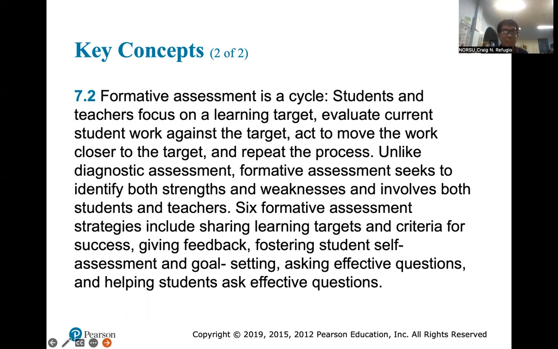Six formative assessment strategies include sharing learning targets and criteria for success, giving feedback, fostering student self-assessment and goal setting, asking effective questions, and helping students ask effective questions.